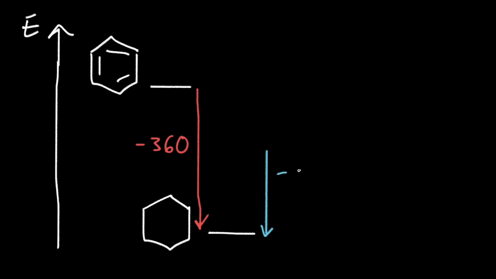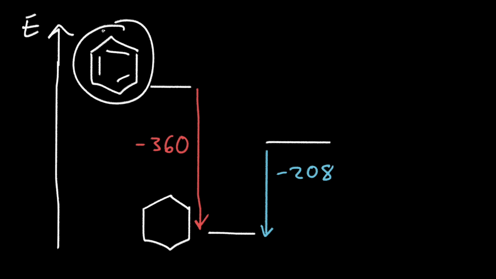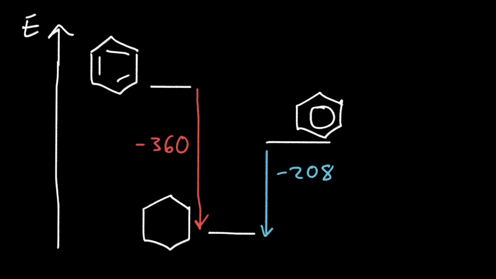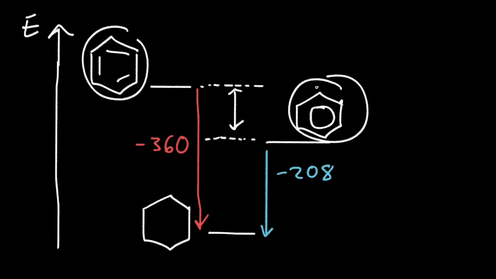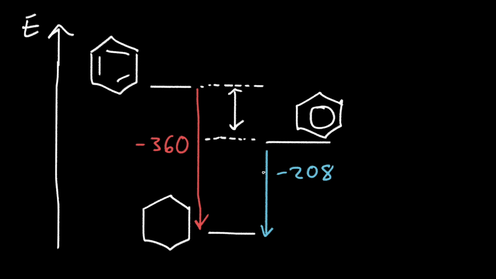So this must be a shorter arrow than minus 360, and therefore must correspond to a species with a lower energy, i.e. a more stable compound than Kekule's structure. And a structure that is more stable than Kekule's is the delocalized structure. So the difference in energy between the minus 360 and minus 208 represents the difference in stability between Kekule's structure and the delocalized structure. So once again, this supports the delocalized structure.